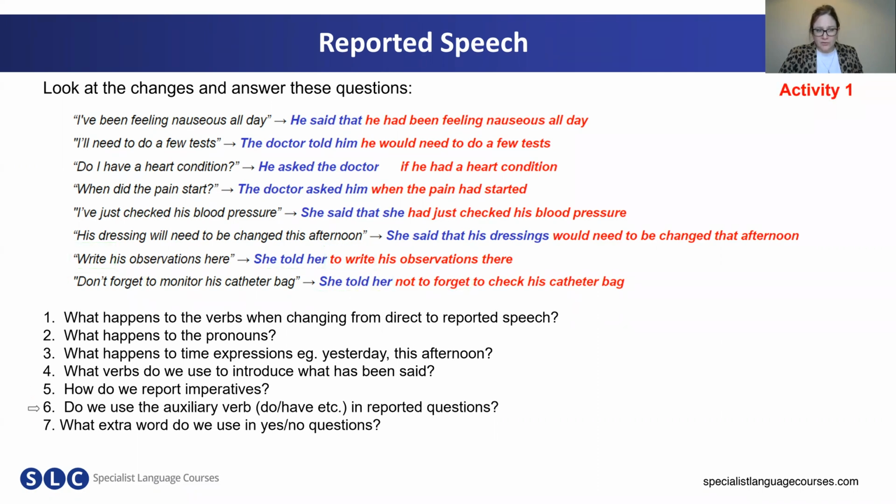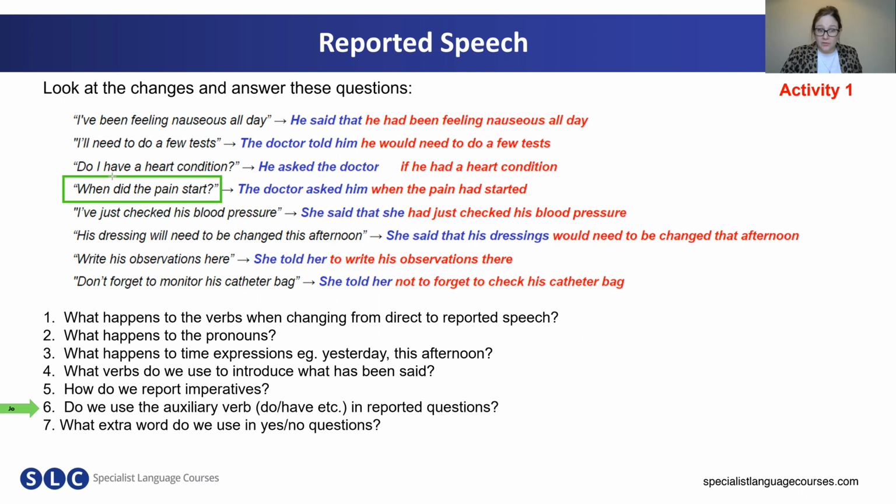Now moving on to questions. Do we use the auxiliary verbs, so I mean do and have, in reported questions? The simple answer is no. So if we look at the example here, when did the pain start?